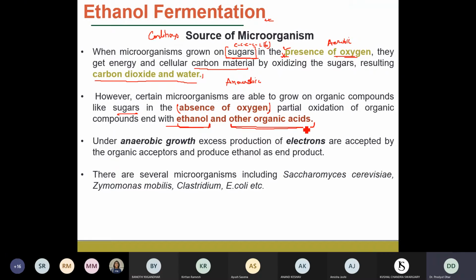In any biochemical pathway, if a microorganism is utilizing glucose, it is not going to produce 100% ethanol. Through that pathway, there might be production of other organic acids like lactic acid and citric acid, and other alcohols like 1,3-propanediol and such derivatives.